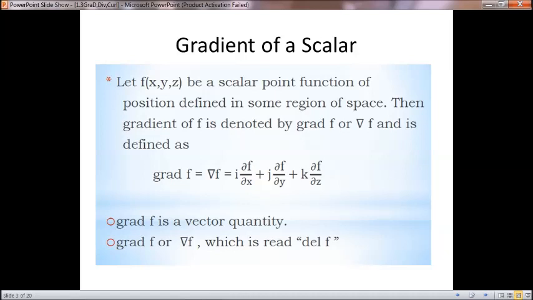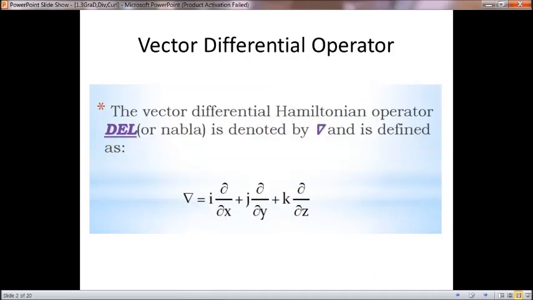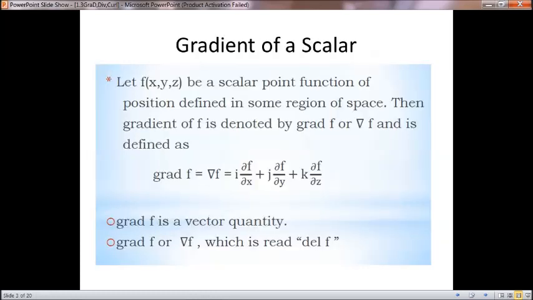Grad f means del f. Del means i into dou by dou x, j into dou by dou y plus k into dou by dou z. Applying this to the scalar point function f of x comma y comma z, this del f, that is the gradient of f, is equal to i into dou f by dou x plus j into dou f by dou y plus k into dou f by dou z.